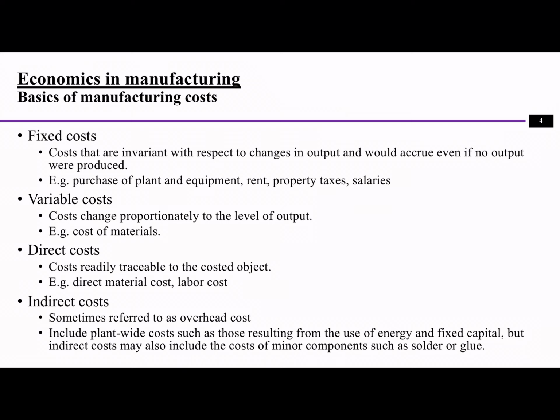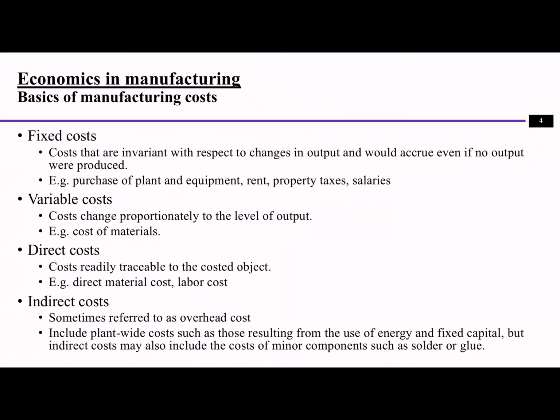For example, you rent a place for your factory. If you make 10 products a day, you still have to pay the same rent. If you produce 1,000 products a day, you still have to pay the same rent. So that is a fixed cost. It's not changeable with respect to how many products you make.